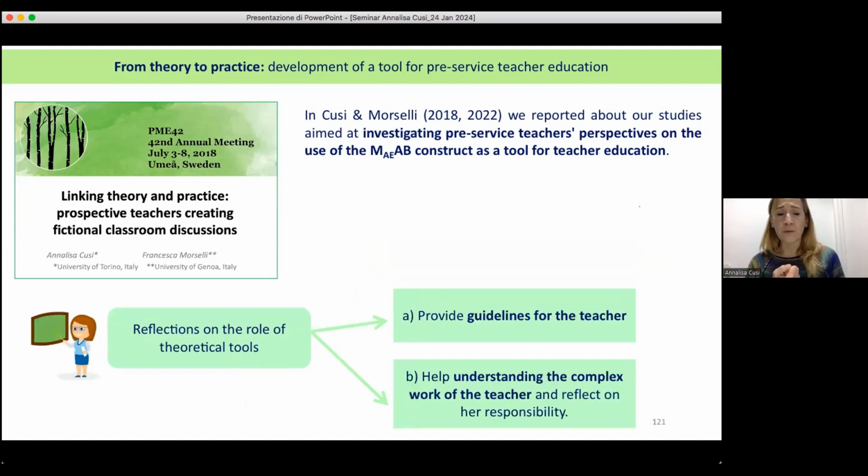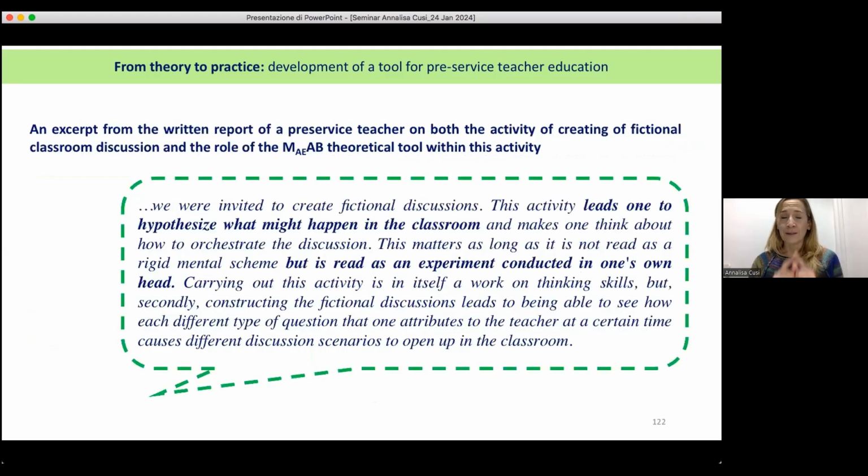And when they reflect as future teachers, they stress the fact that this tool could provide guidelines for the teacher and could help in understanding the complex work of the teacher and reflecting on the responsibility that the teacher has. And I will end my talk reading an excerpt from the written report of a pre-service teacher.